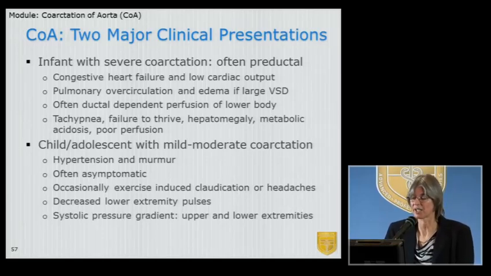Sometimes they complain of a little bit of headaches or pain maybe in their leg. When you feel for the pulses, they have decreased pulses in the lower extremities, and they have a major systolic pressure gradient between their upper and lower extremities, but so far they were always flying under the radar. So the asymptomatic child or adolescent is the second presentation.